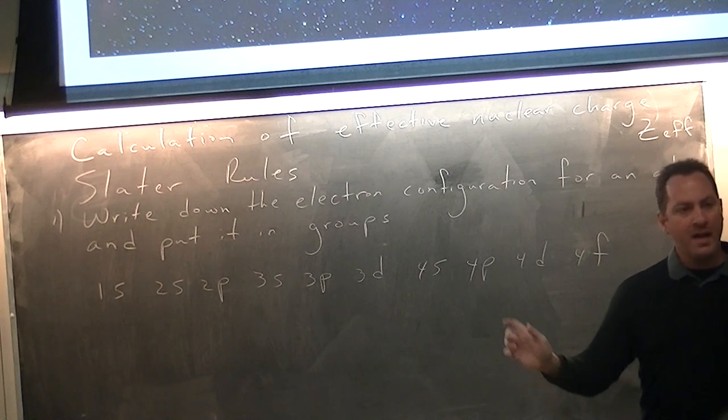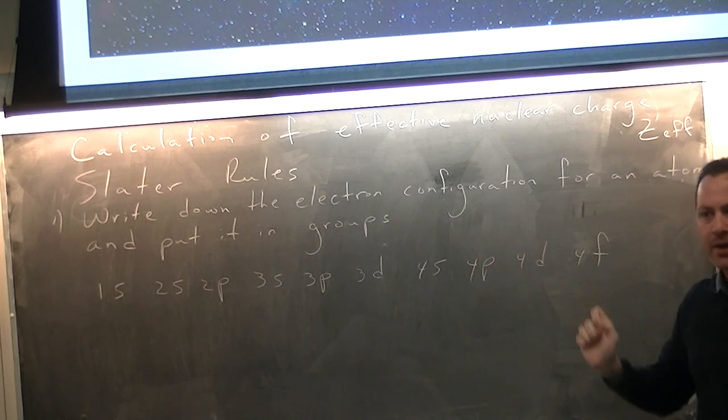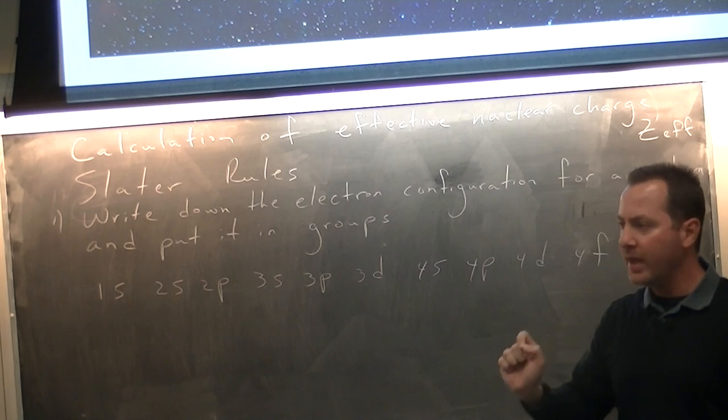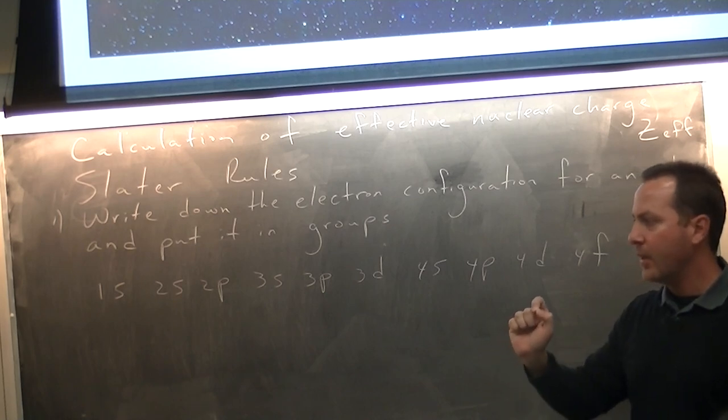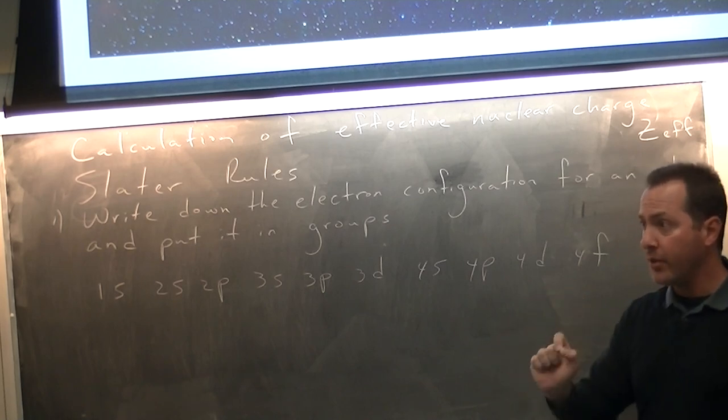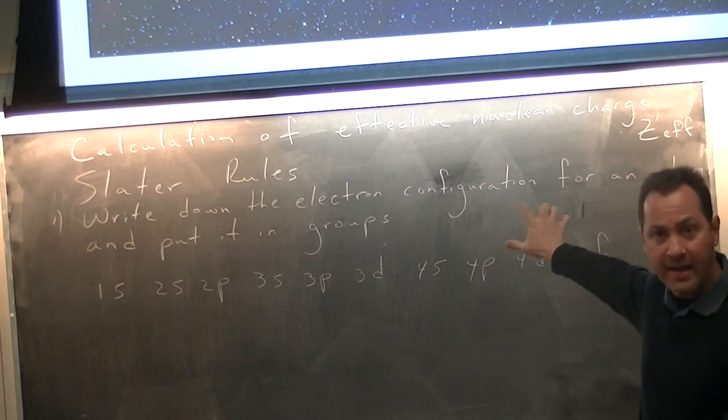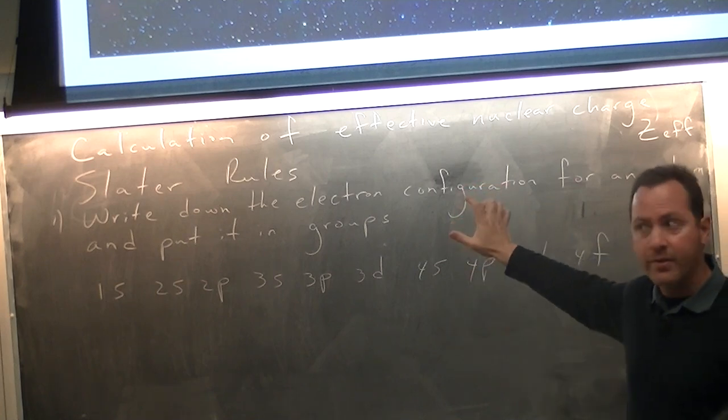So basically you're going to write it in this way. I know that the way that you write the most stable electronic configuration might not be exactly this. But for the calculation of the Slater rules, you're just going to follow it like this.